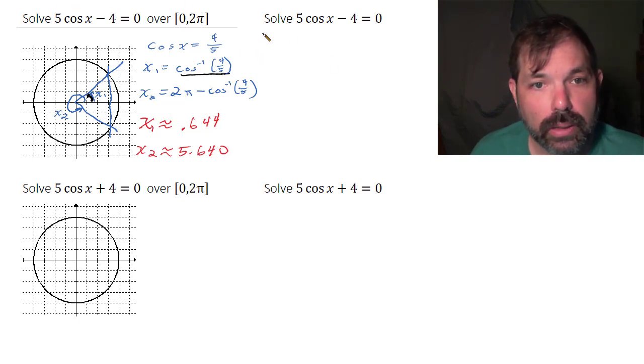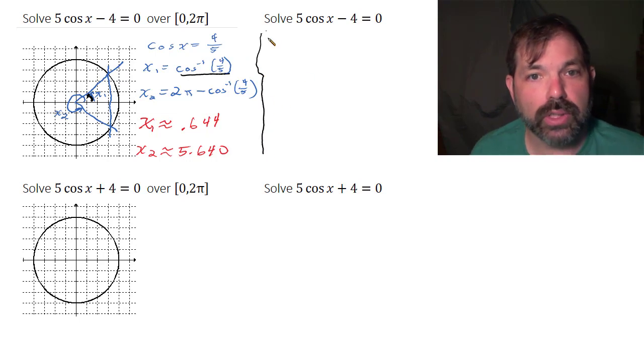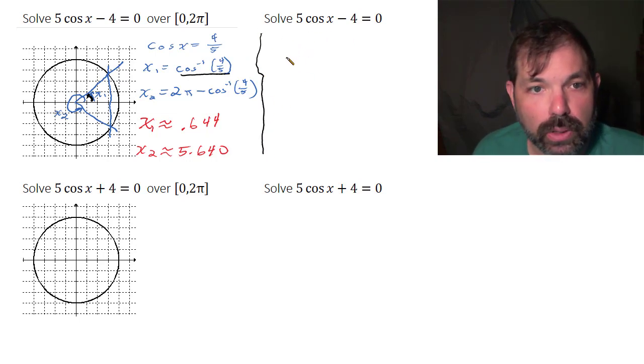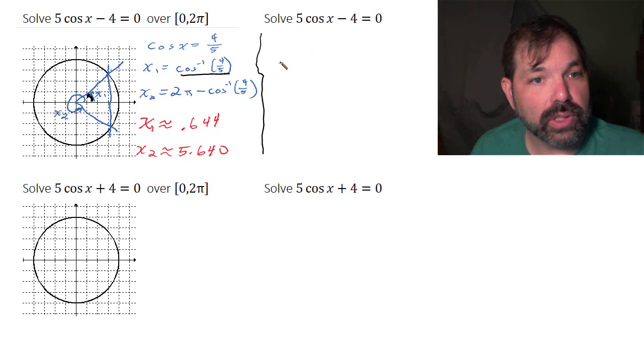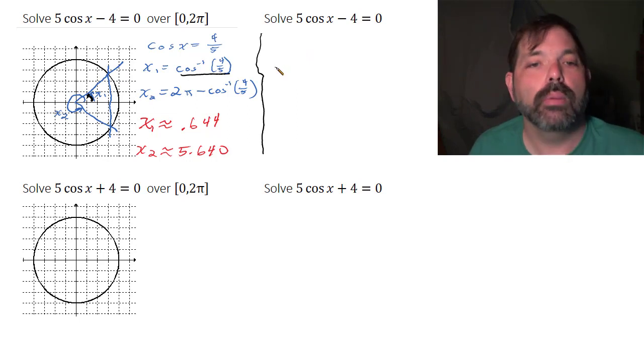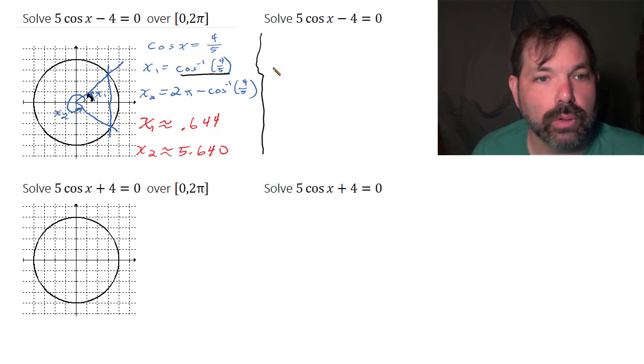Now, again, if we were just solving the general statement, 5 cosine x minus 4 equals 0, we would have those same two solutions, but now we would be able to find more solutions by adding multiples of 2 pi.